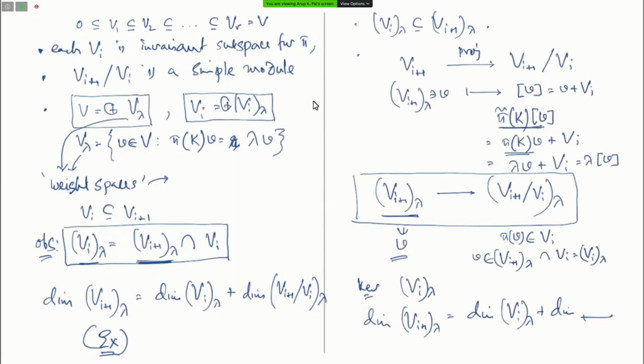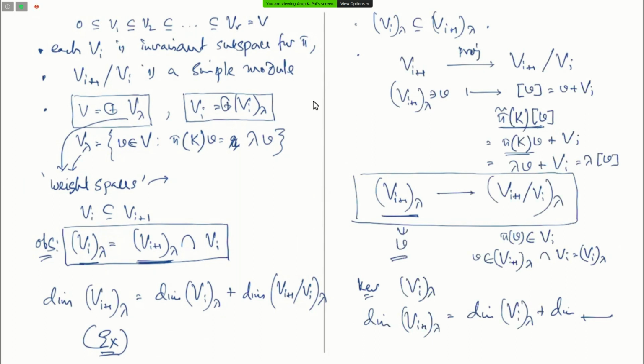So essentially, two cases you have to look at: that these two are the same, and when these two are not the same, Vi lambda is strictly contained in Vi plus 1 lambda.